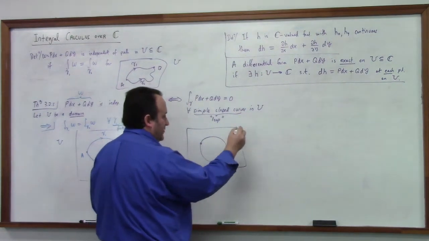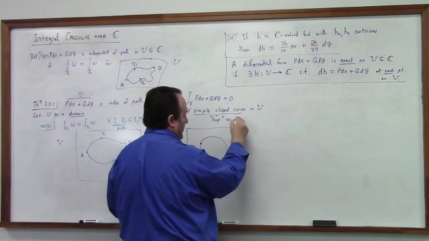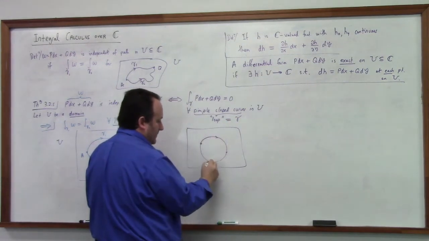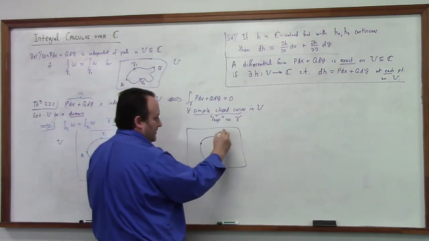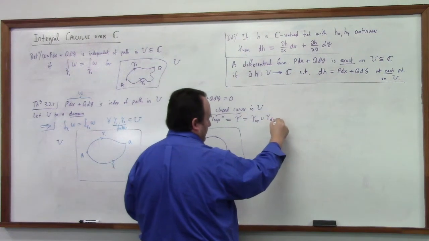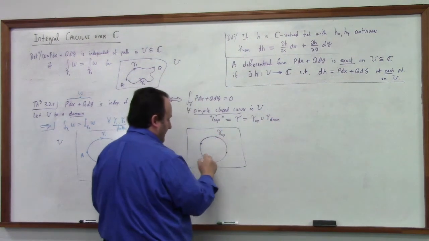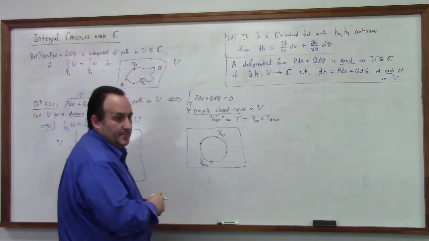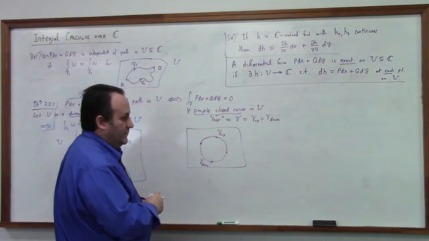If the loop is gamma, then gamma is equal to gamma up union gamma down.